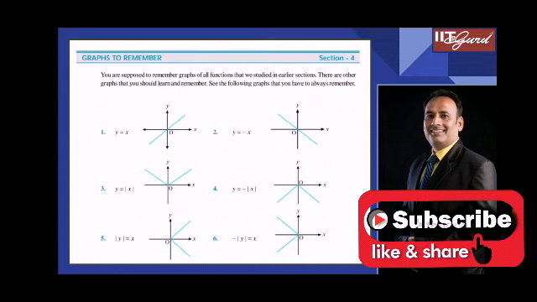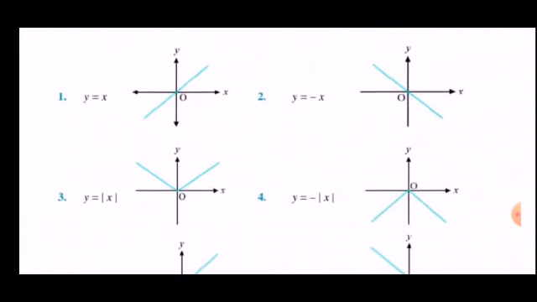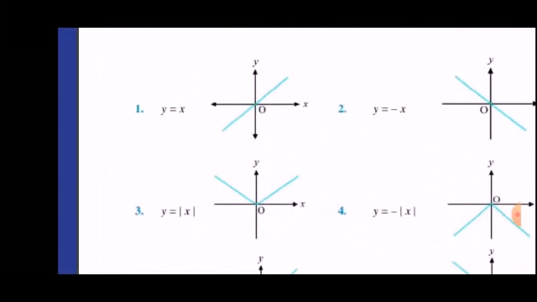So first of all, we have to remember the very basic level of graph. Let me zoom. First graph, as we have to go for y equal to x. Mind this point, y equal to x is a straight line which makes an angle 45 degree from positive x-axis.